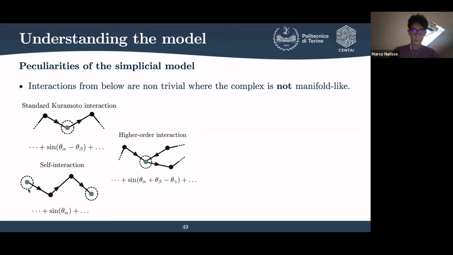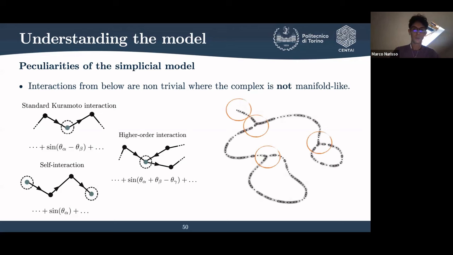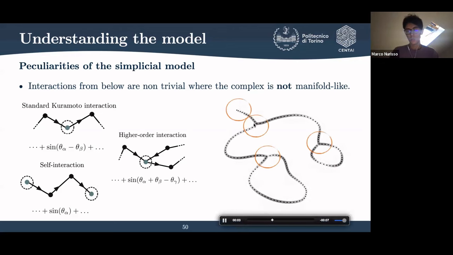And from this interpretation, you can see that even in the simulations, in the manifold-like branches, so the branches of the graph where you have two edges connected to every node, the behavior is kind of simple and trivial, with simple synchronization dynamics, while the non-trivial behavior, which is inherent to this simplicial model, comes exactly at the non-manifold points, so the crossroads and the free phase.